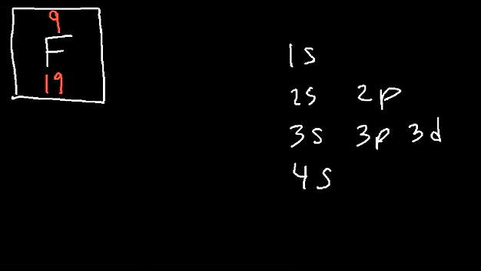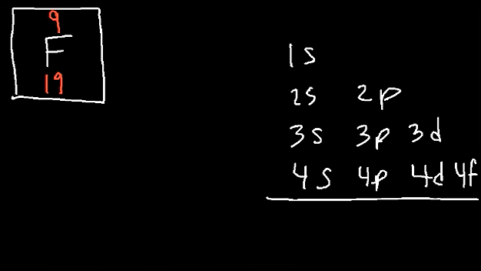And in the fourth energy level, you have 4 sublevels, 4s, 4p, 4d, and 4f. The s sublevel can hold up to 2 electrons, p can hold up to 6, d can hold up to 10, and f can hold up to 14 electrons.